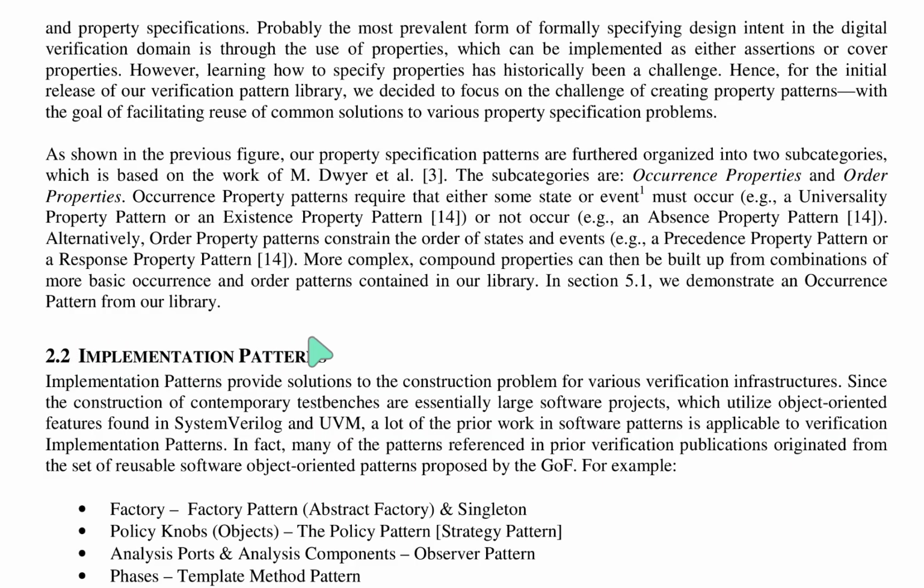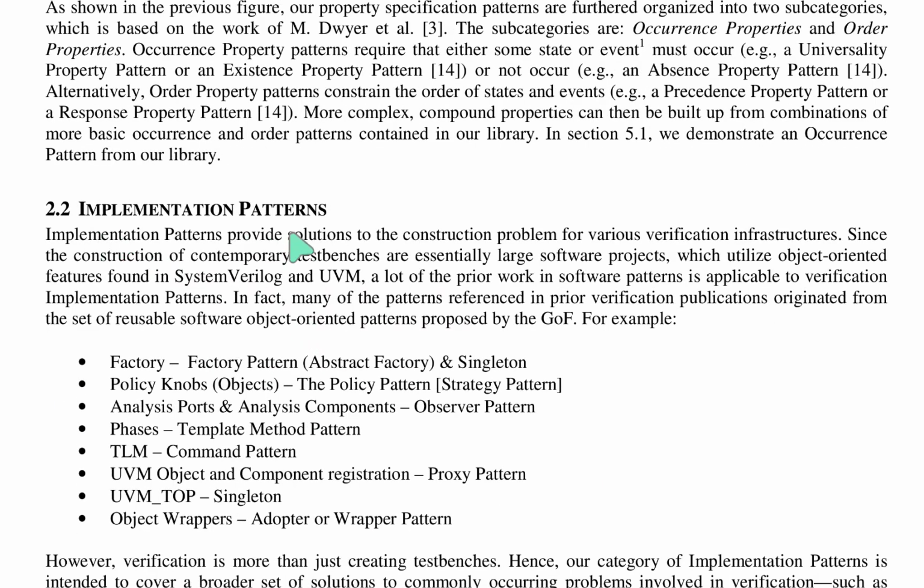2.2 Implementation patterns. The implementation patterns provide solutions to construction problems for various verification infrastructures. Since the construction of contemporary test benches is essentially a large software project, utilizing the object-oriented features found in SystemVerilog and UVM, a lot of prior work on software patterns is applicable to verification implementation patterns.